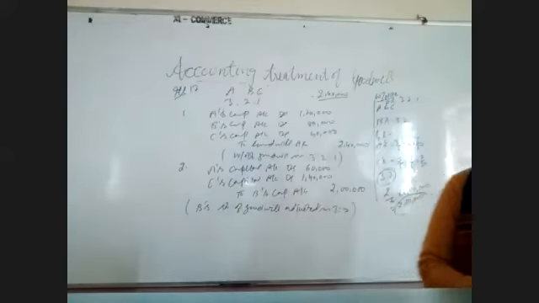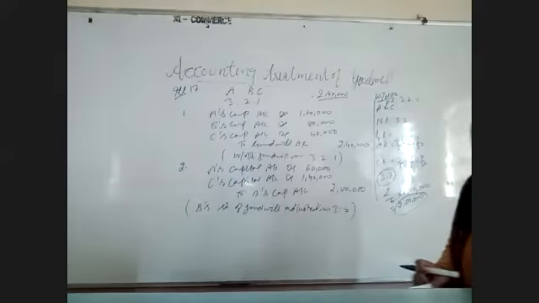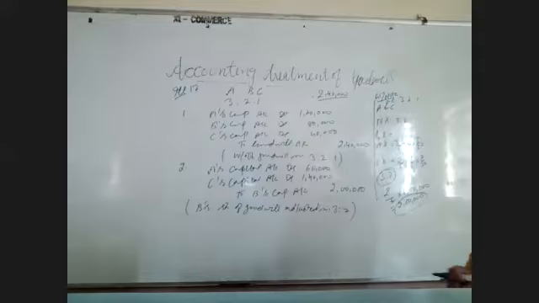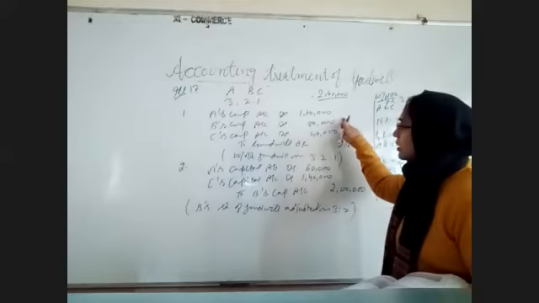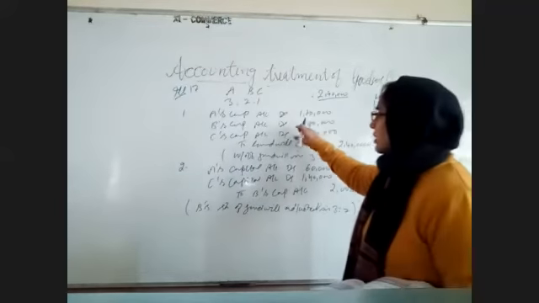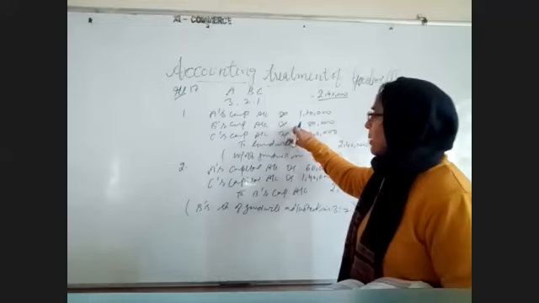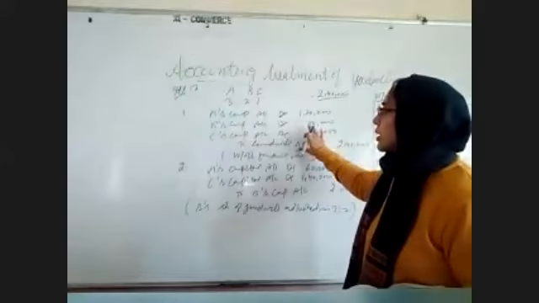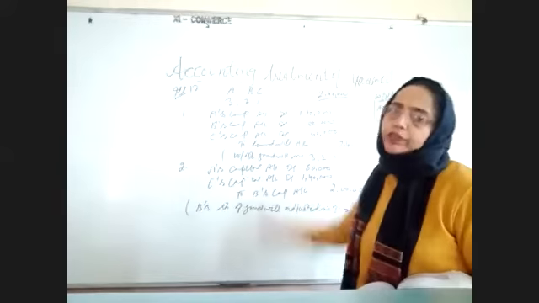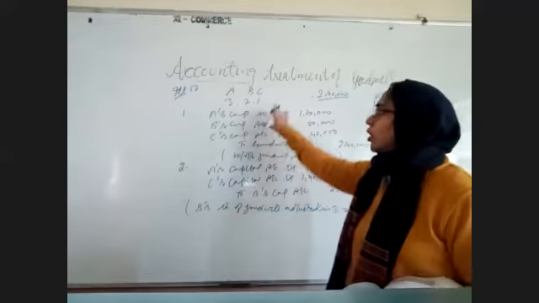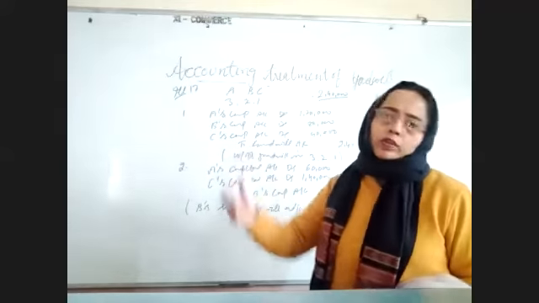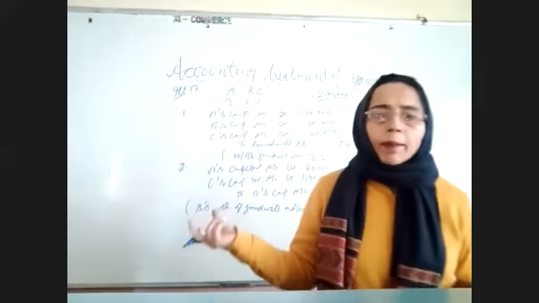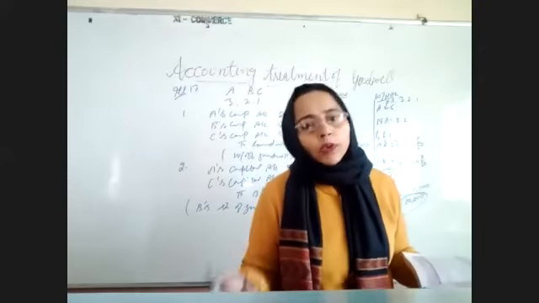Done. If goodwill account is already appearing in the books, I'm again telling you, then this entry we will pass: all old partners' capital account debit to goodwill account. We will write off this goodwill among all partners in old ratio. In case of retirement, all partners. In case of admission, old partners.